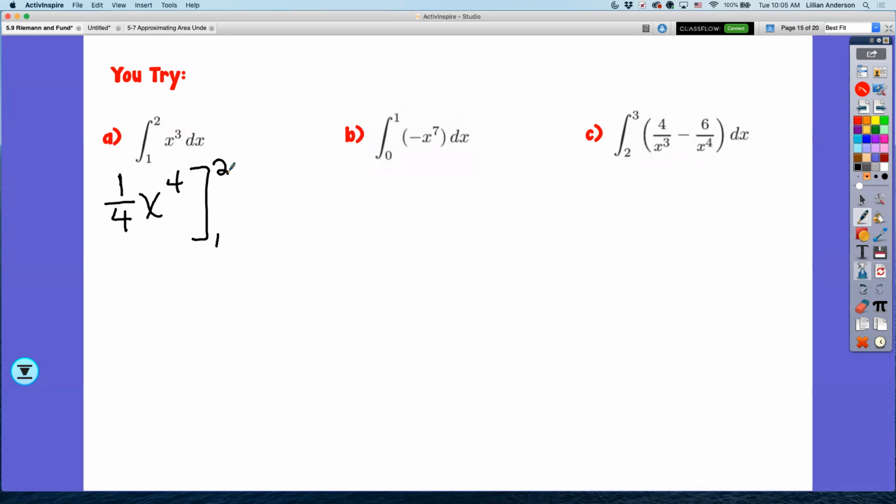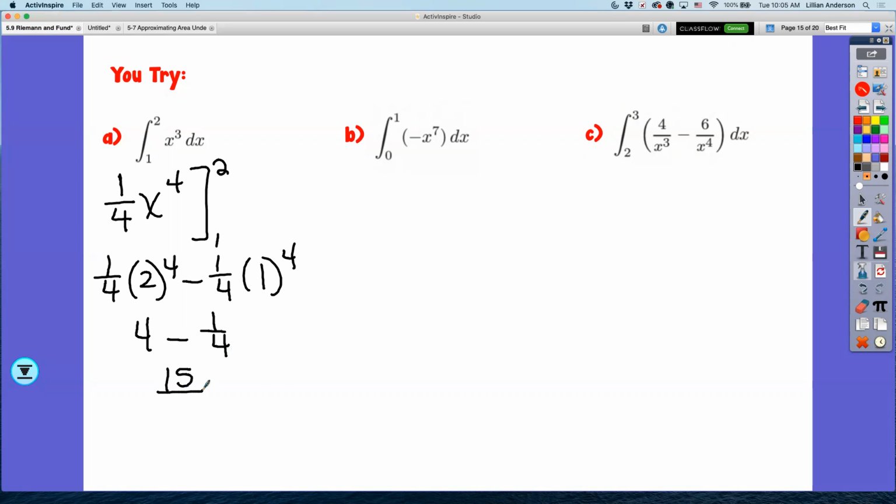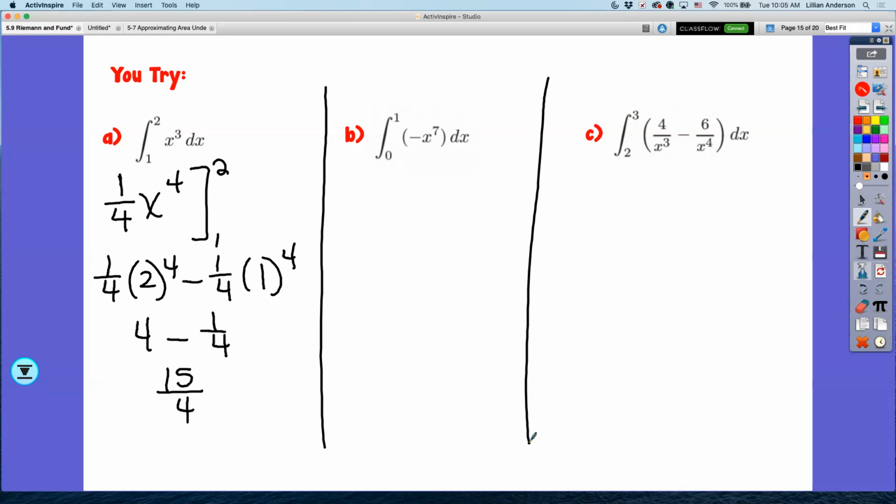You plug in which value first? 2. Subtract it from when you plug in 1. 2 to the 4th is 16, 16 divided by 4 is 4, minus 1/4. So then it would be 3 3/4, which is 15 over 4. Good stuff. For B, somebody online, what'd you get?